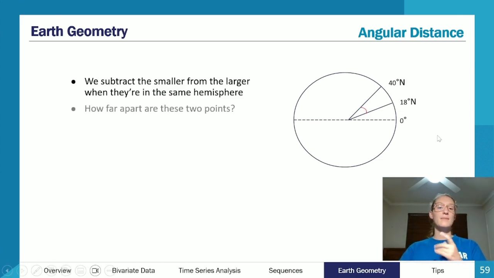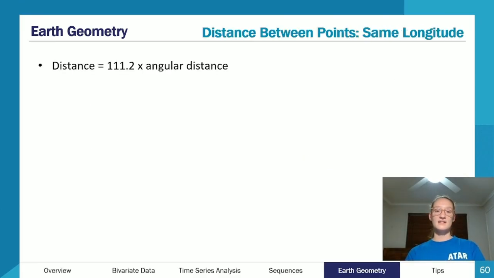So by taking the bigger number, 40, and taking away the 18, I get my angular distance of 22. Because if this is 18 and this is 22, then that adds up to 40. So that's why when the points are in different hemispheres we add, and when the points are in the same hemisphere, we subtract to get the angular distance.